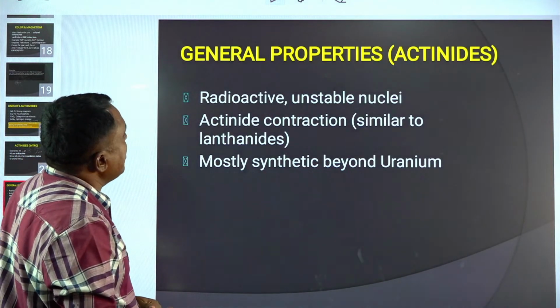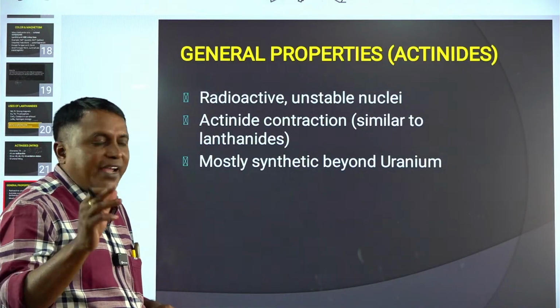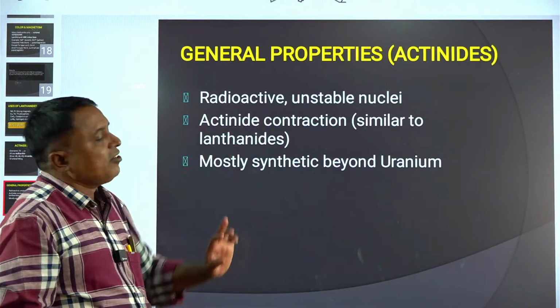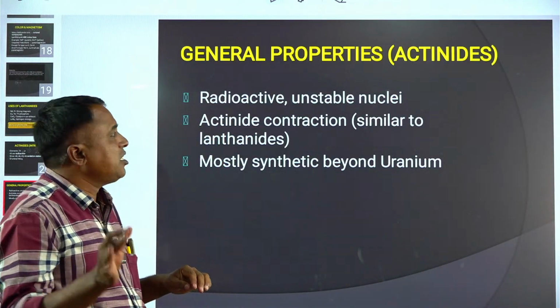So what are the general properties of these actinides? Most of the actinides are radioactive elements. They are unstable, containing unstable nuclei.